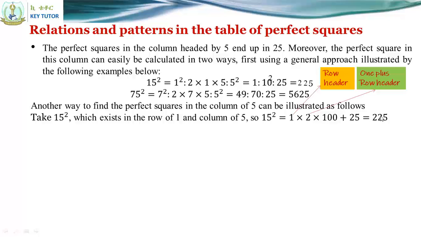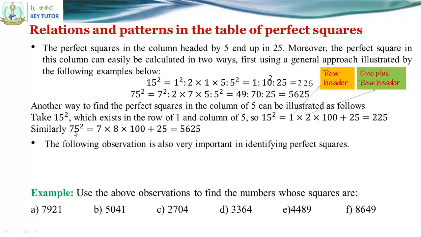Okay, 225. So that's exactly what we had in the previous case. 15 square is 225. So row number times 1 plus the row number, the row header, times 100, plus 25, gives you 225.